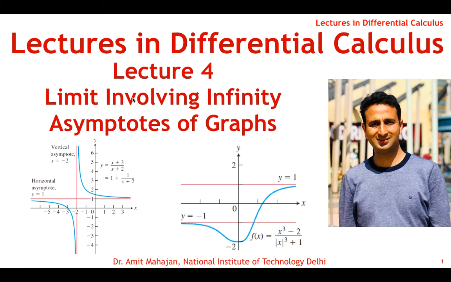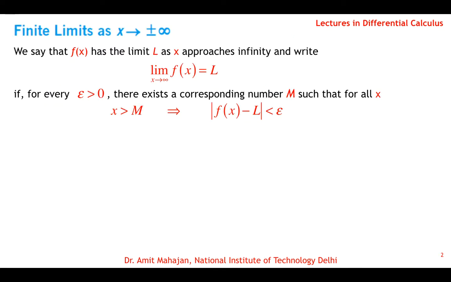Okay, so we'll take the first case, when we have finite limits as x grows too large in the positive direction or in the negative direction. That means x goes to plus infinity or x goes to minus infinity. First we'll take the definition.